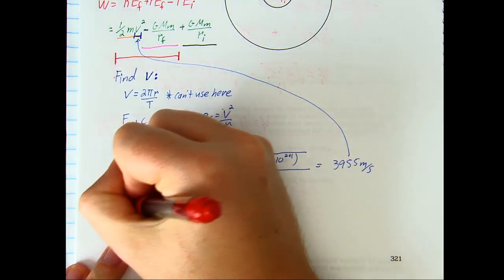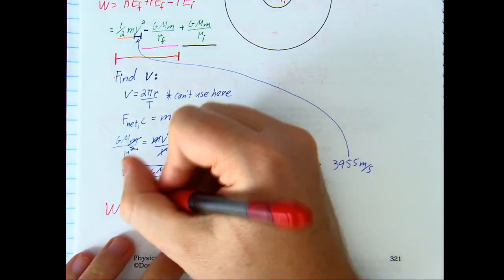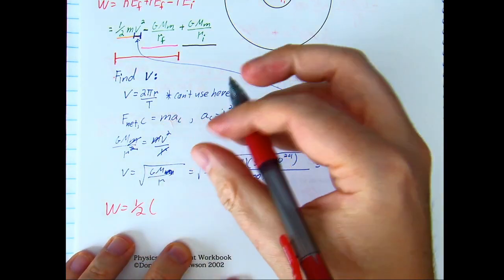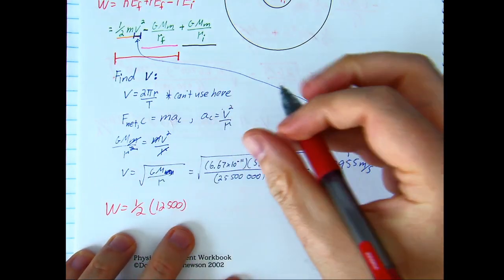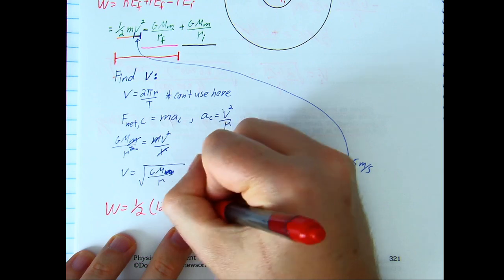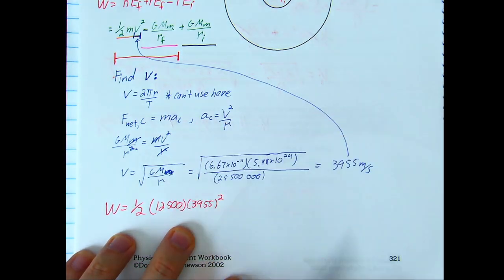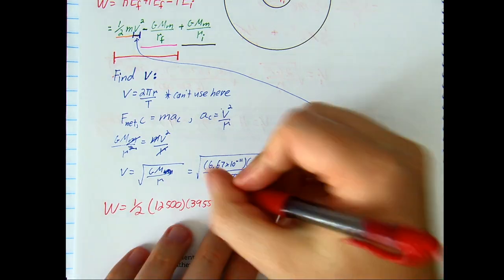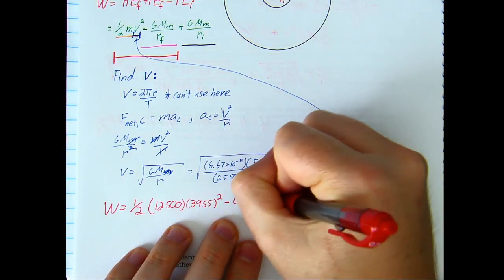So we've got the work equals 1/2 little m, the mass of the rocket. So we've got 1/2 times 12,500 times 3,955 squared. So that's the half m v squared. Minus 6.67 times 10 to the negative 11.